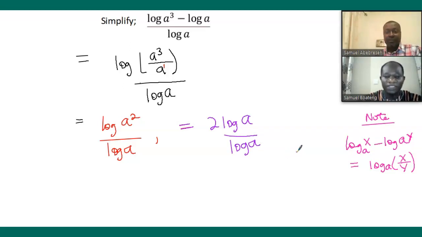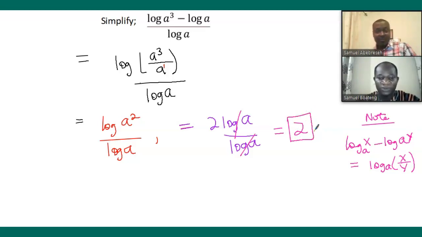So log a can cancel log a. So you have your answer to be 2. It looks simple, but you have to be very careful. Just know your laws and properties.